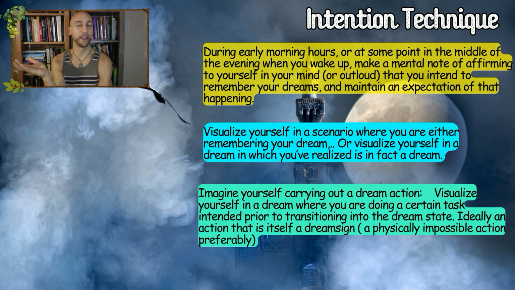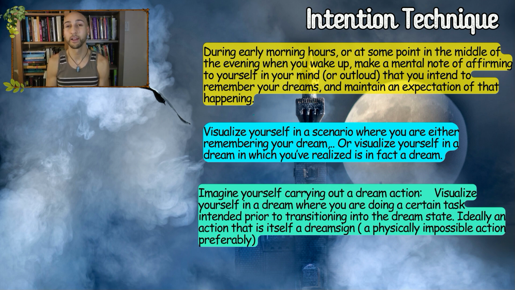Flying, spitting fire, causing flowers to grow, making animals pregnant by pointing at them, producing honey from your eyelids. I don't know. Anything that is not possible to do here on planet Earth in physical reality. Then you visualize yourself doing that, and that will just help your mind get across the right idea that you want to be actively involved in the dreaming process, basically, okay?